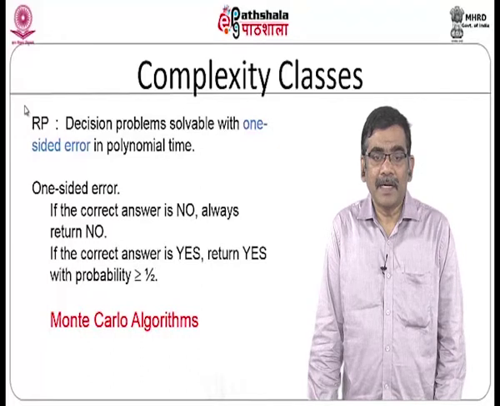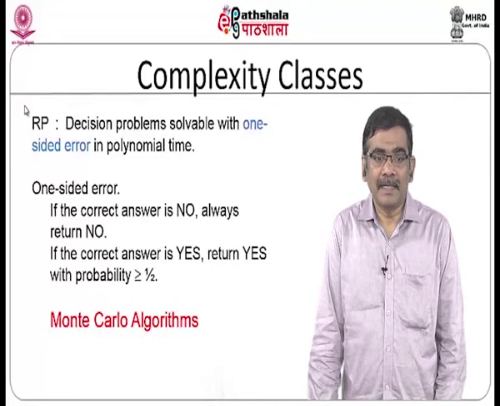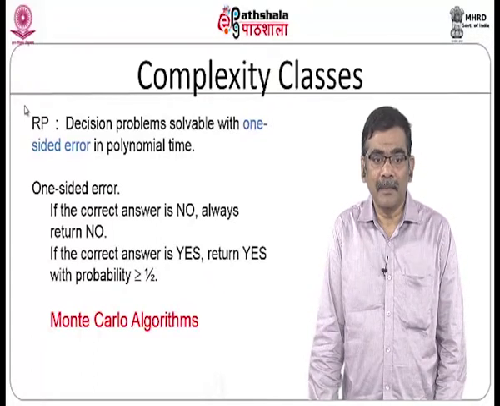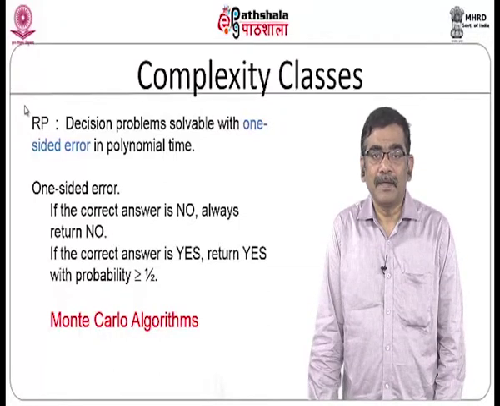These algorithms can be categorized using complexity classes also. One is a class called RP, random polynomial. This class consists of decision problems that are solvable with one-sided error in polynomial time. So, what does it mean?